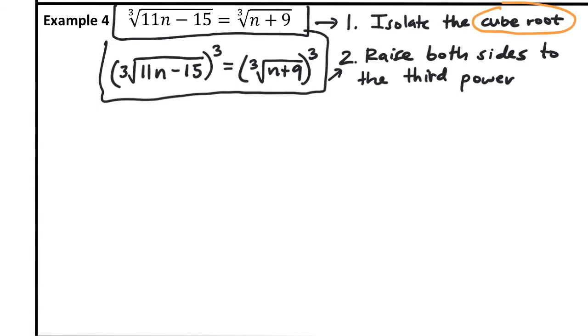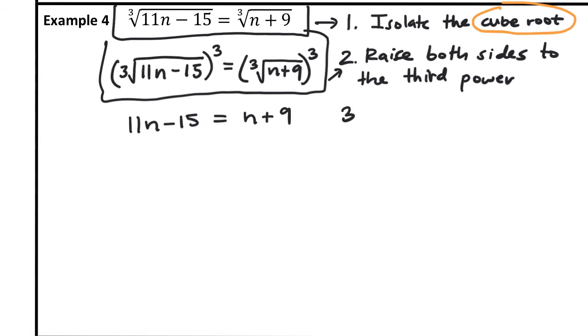Okay. So what happens after you raise both sides to the third power? You should notice that the third power cancels the cube roots. So we're left with everything inside the cube roots: 11n minus 15, and we're left with n plus 9.